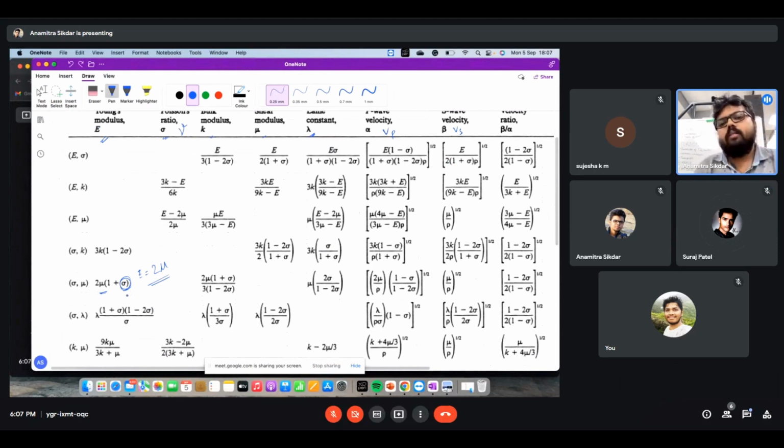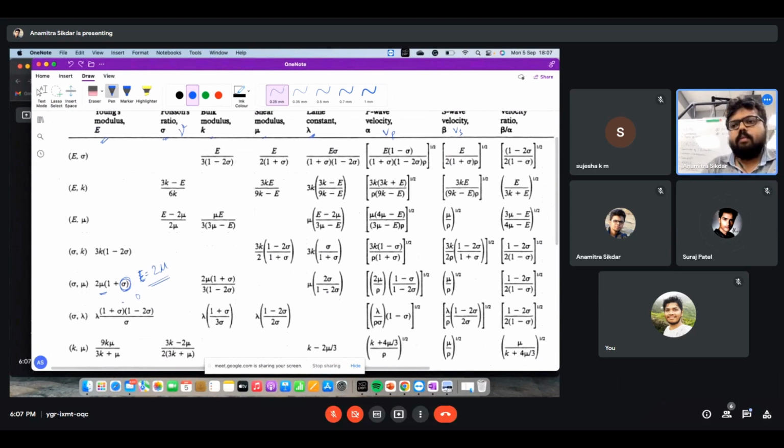If you have a material which has only one dimension, for the simplistic model, this Poisson's ratio becomes 0, right? Or in materials where the Poisson's ratio is very near 0, then your equation becomes like that, right? So this is what was written in the presentation slide. Is this all right? So I think that answers your question, right, Suraj?